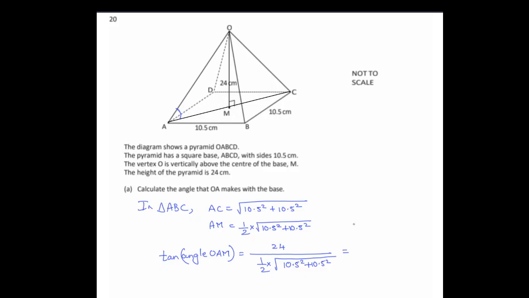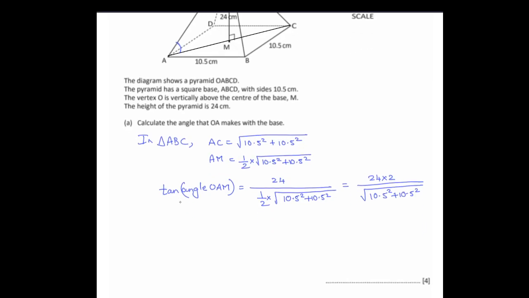So this 2 can be multiplied to the numerator and the square root kept in the denominator. Okay, we need the angle, so let us take tan inverse also. So angle OAM, take tan inverse.